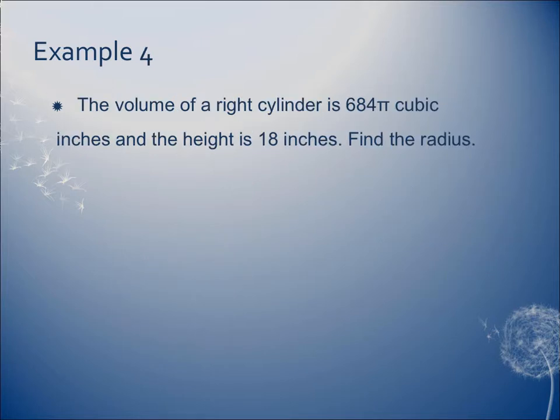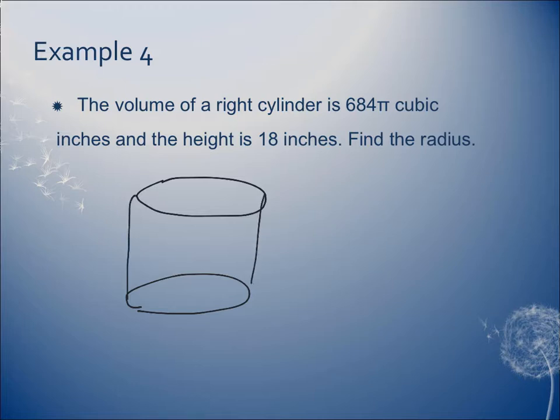Next slide. Now we're going to do the volume of a right cylinder. So I'm going to draw 2 circles here. Maybe I should not. Let's make it a little bit neater. Make my cylinder here. It says it's a right cylinder and it's got a height of 18 inches, but they've already given me the volume calculated.